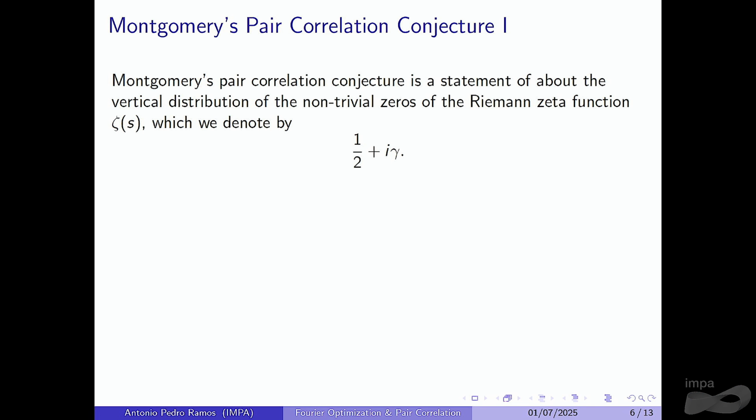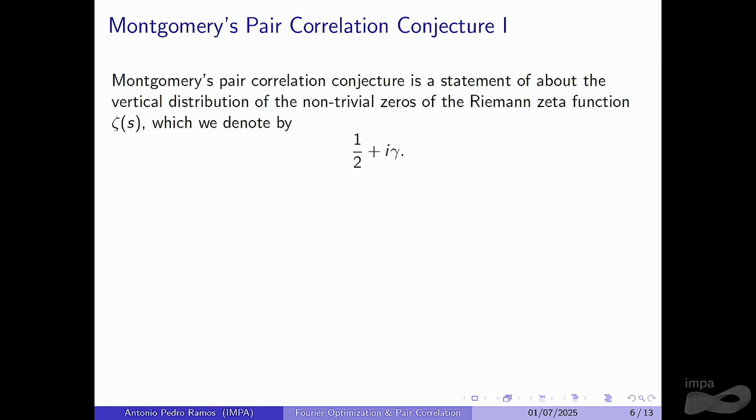This is a fact about the horizontal distribution of the zeros. But Montgomery asked, what if we know something about how they are distributed vertically along this line? Can we get even finer information about primes? This is the philosophy that guided him to study pair correlation of zeros.